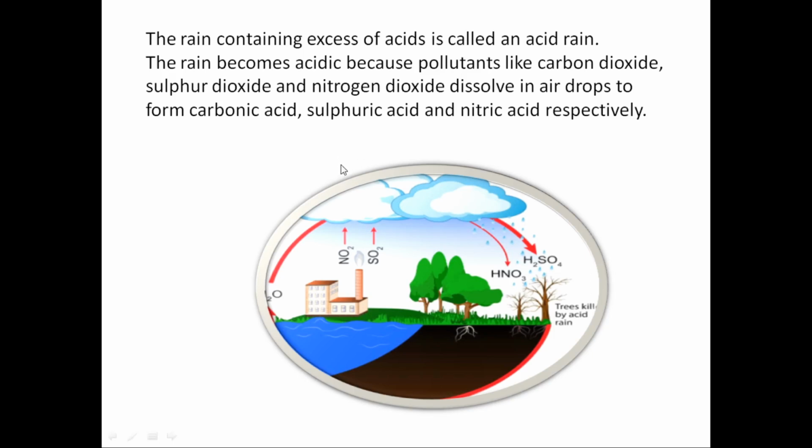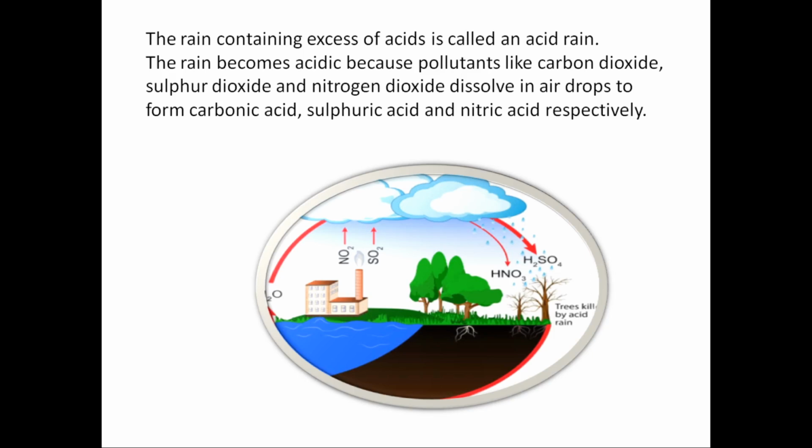These pollutants like nitrogen oxide, carbon dioxide, or sulfur dioxide are going directly to the atmosphere, and in the upper layer of the atmosphere, these are mixing with raindrops, and they are forming carbonic acid, sulfuric acid, and nitric acid, and these acids are coming to the earth's surface along with rain. This is the acid rain.